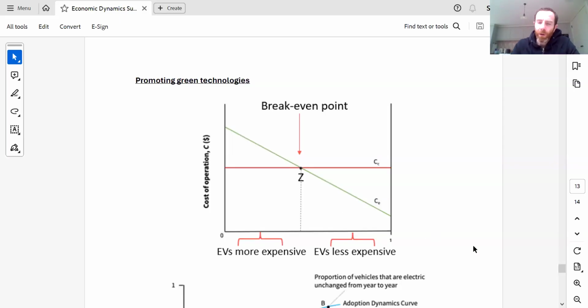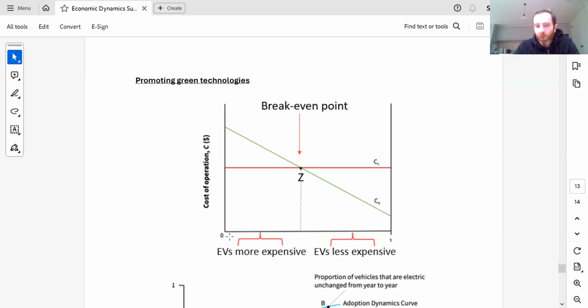Okay, so we're now going to use this dynamics curve idea to think about the adoption of electric vehicles. First key element of this is this diagram here, which shows us how the cost of operation of electric vehicles and carbon-based vehicles depends on the proportion of people in a country who own electric vehicles.